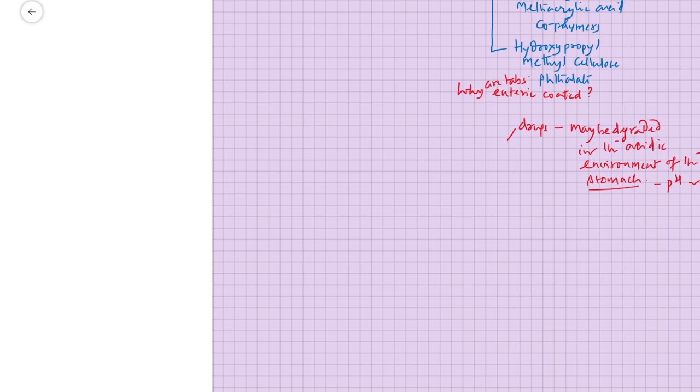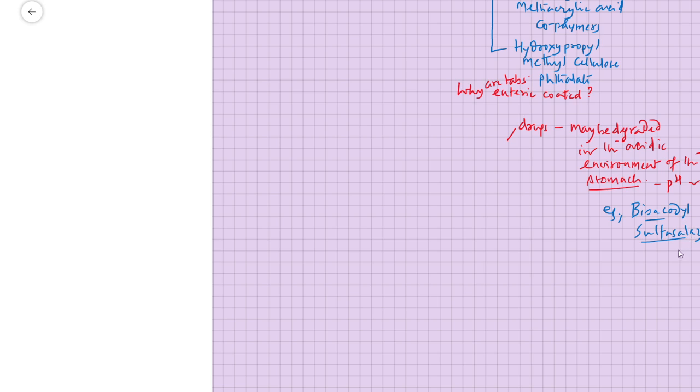Let's give some examples. There is a drug which increases the gastric motility. It's called bisacodyl. It enhances the gastric motility and is given in constipation. This drug gets degraded at this pH, so it is given an enteric coating. The other example is sulfasalazine.